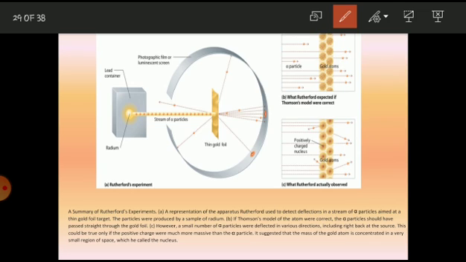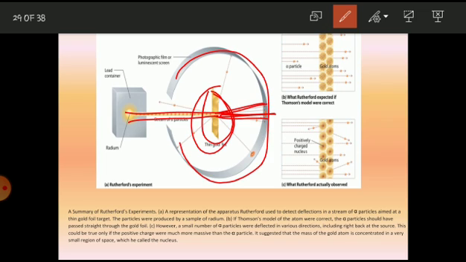So when the stream of alpha particles is passed through this gold foil, maximum rays come out through this thin gold foil. How did we come to know that maximum rays are coming out of the thin gold foil? Because of this fluorescent screen.